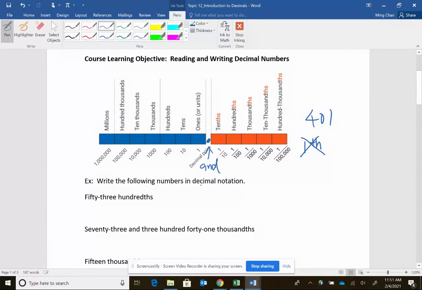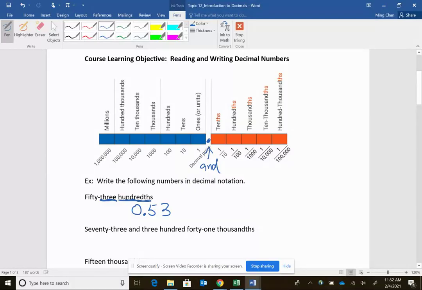All right, let's look at some examples. Write the following number in decimal notation. We're going to read this and write down our decimal notation. Some of these can be a little bit tricky. The trick is, if you don't see the word "and," that means the number we're going to write is on the right side of the decimal point. So five thousand three hundred-thousandths, we write 53. The decimal point needs to be in front of the 5, because the place value is always determined by where the last digit is sitting.